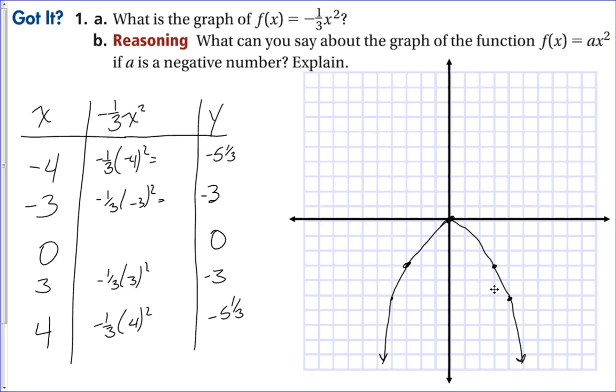All right. So this is what your graph should look like. Here's my points, and here's what your graph should look like. Now, what can you say about the graph of a function f of x equals ax squared if a is a negative number? Well, if a is a negative number, it simply means that the parabola opens downward.